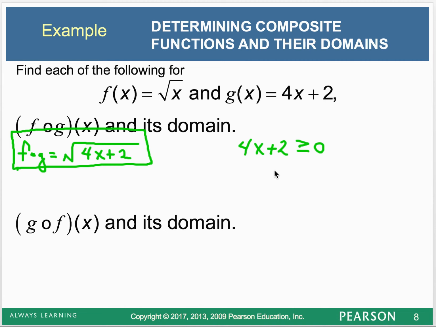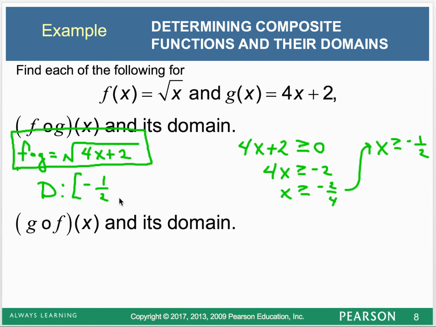If I solve that for x, 4x has to be greater than or equal to negative 2. X has to be greater than or equal to negative 2/4. So x has to be greater than or equal to negative 1/2. That's my domain, because if I intersect it with the real numbers, this is where they overlap. So the domain is negative 1/2 to infinity.